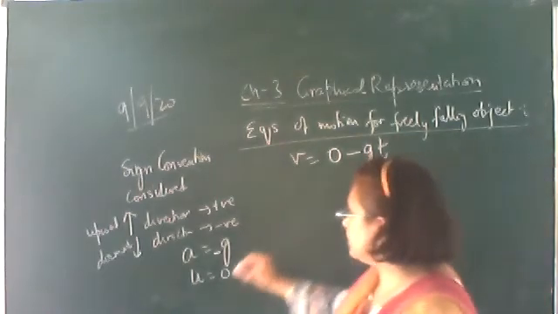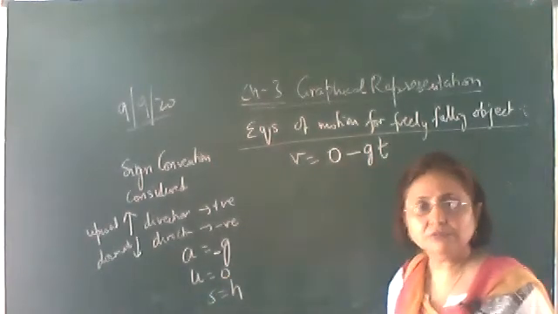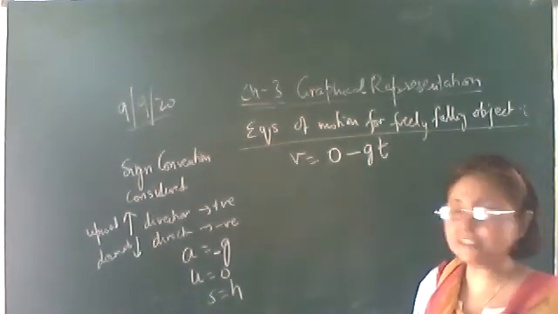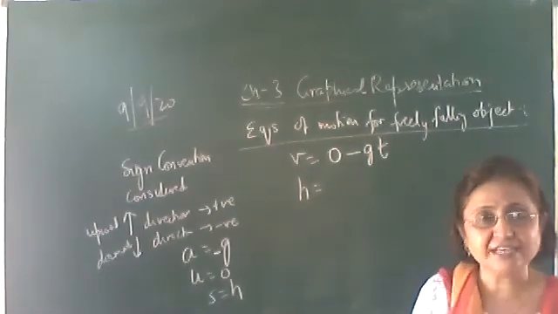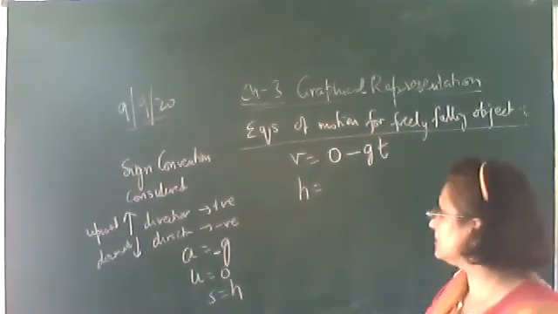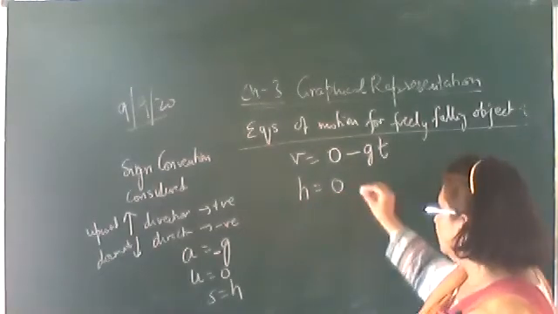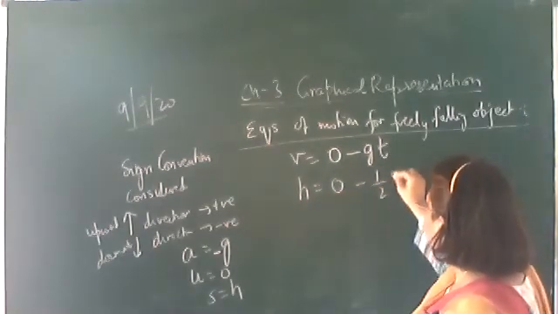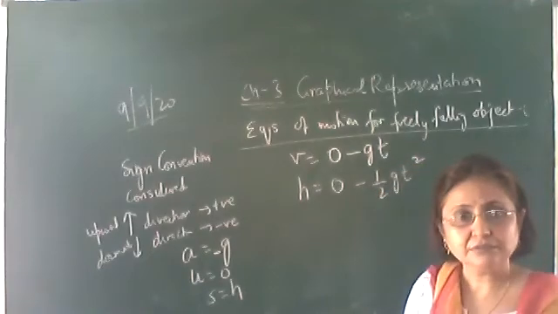Okay, the second equation: here the distance traveled will be equal to height. The distance s we call height. So the second equation of motion, s is equal to ut plus half at square, becomes h is equal to ut plus half a, where a is minus g, so minus half g t square.